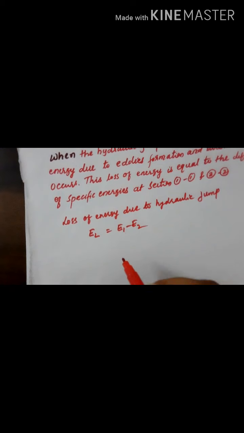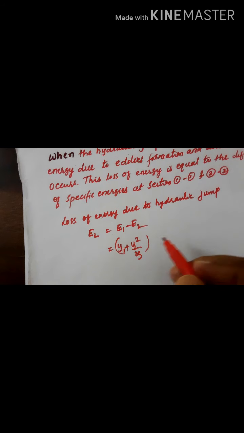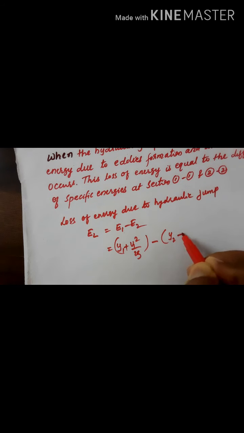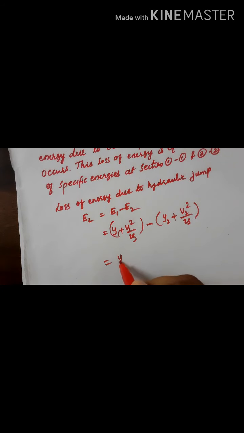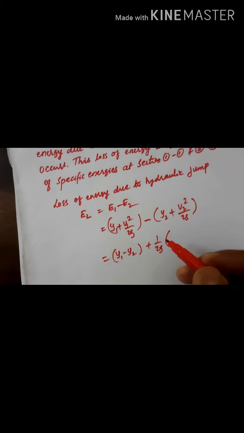So the energy loss can be written as y1 plus v1 square by 2g, minus y2 plus v2 square by 2g. Then you simplify this: y1 minus y2 is one term, plus 1 by 2g taken out.